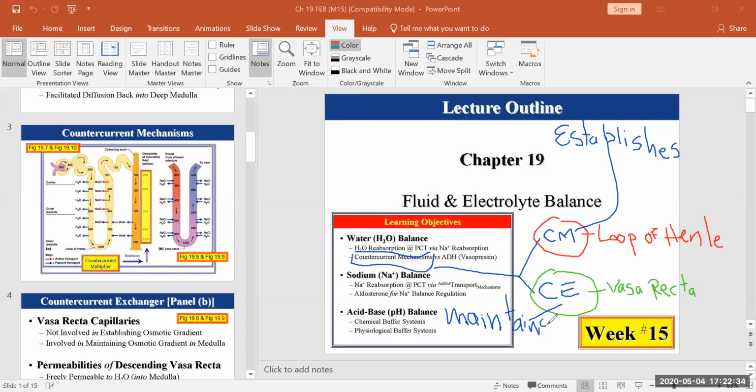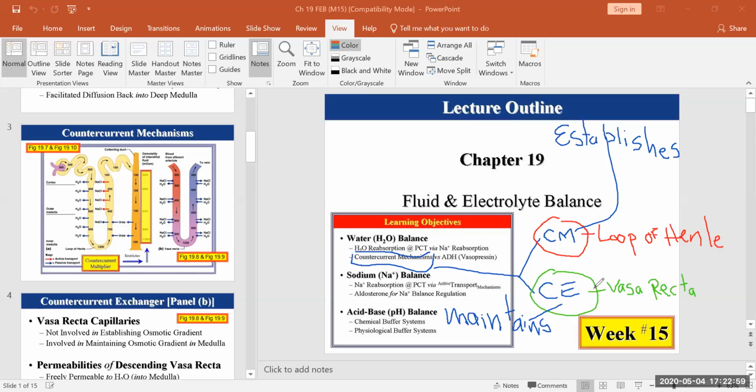So that's a big difference, right? One mechanism creates the gradient, the other mechanism maintains that gradient, so it prevents that gradient from dissipating, from disappearing. So the loop of Henle, the tubular system, creates the gradient. The capillary bed maintains that gradient.